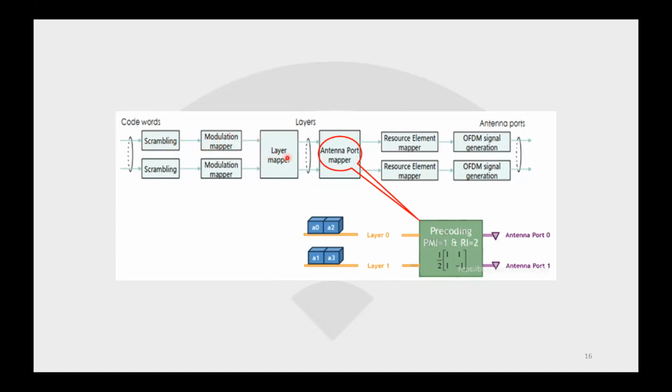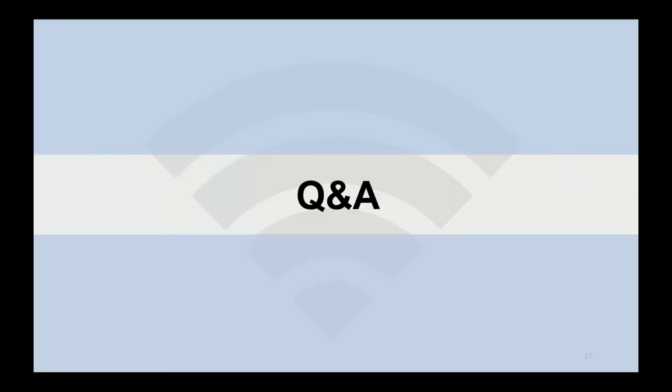Then the layer mapping I just mentioned, and then pre-coding based on the channel condition. Then resource element mapping, to allocate the signal on the specific resource element, and finally generate the real carrier signal, and then emit. And that is all my part.